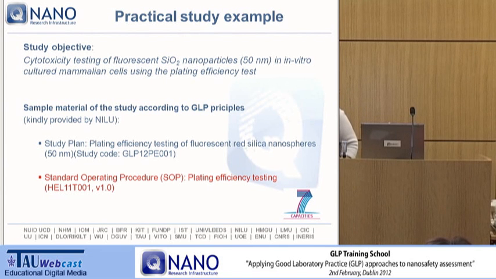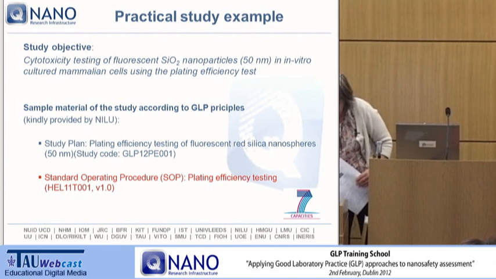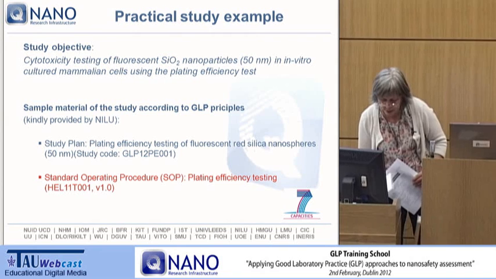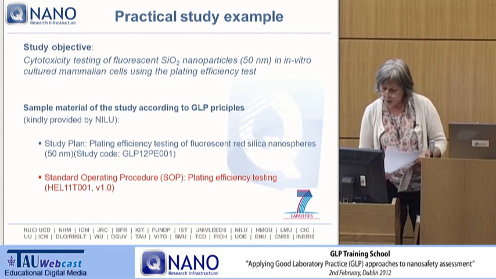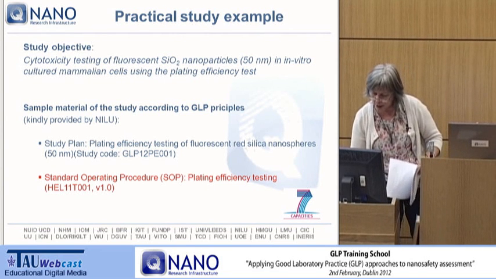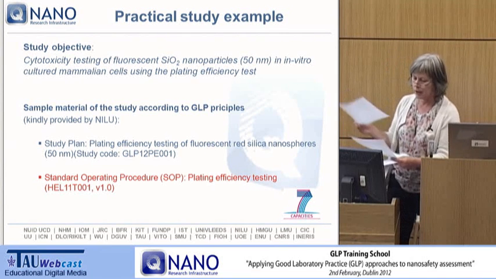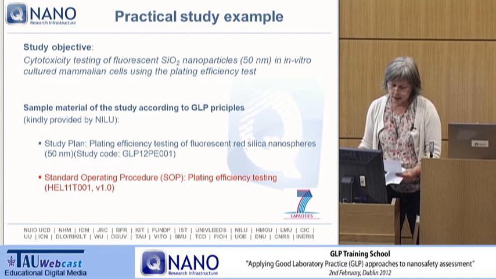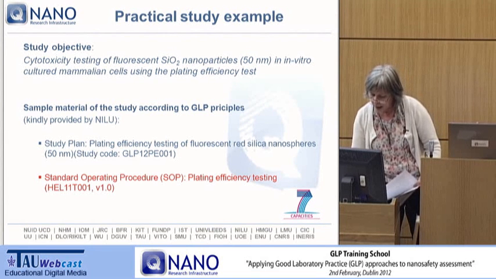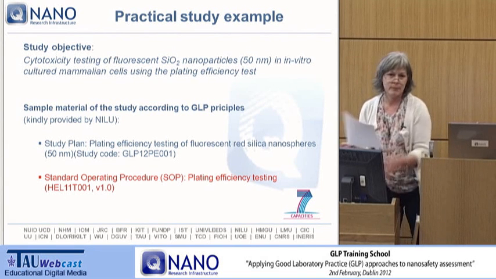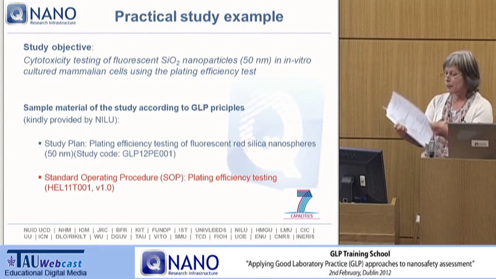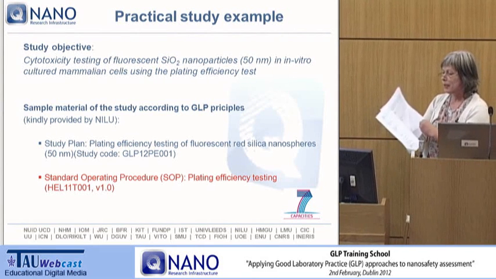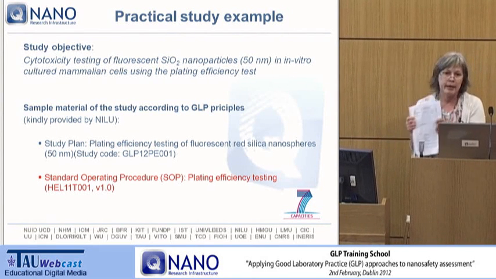We followed the plating efficiency standard operating procedure, and you can also see two additional kinds of materials. One is actually a form, a study operating procedure form, where we have a template.